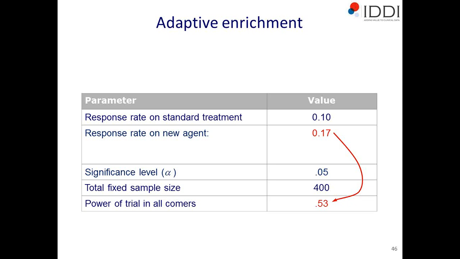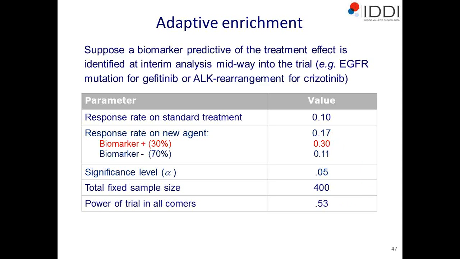Now imagine that you could split your population into two subpopulations based on some biomarker. There are molecular biomarkers in oncology like EGFR mutation or ALK rearrangement or other types of mutations.